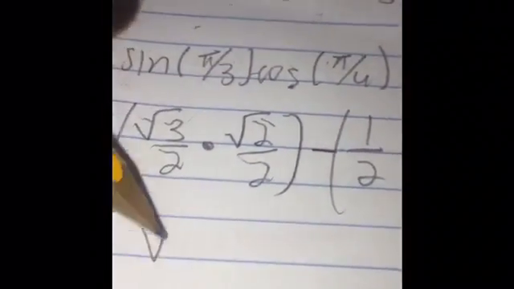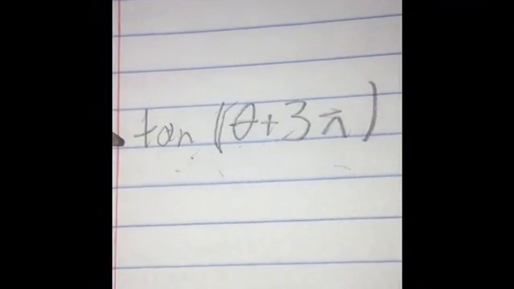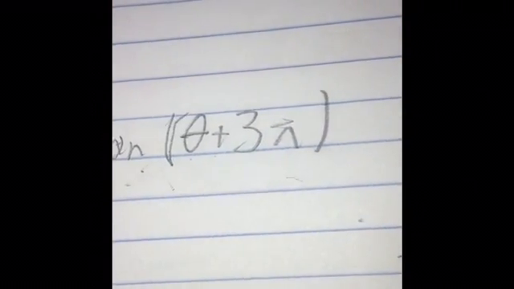All we do is multiply these out. Root 6 over 4 minus root 2 over 4. And similar to one of the last problems, you get root 6 minus root 2 over 4 for the sine of pi over 12.